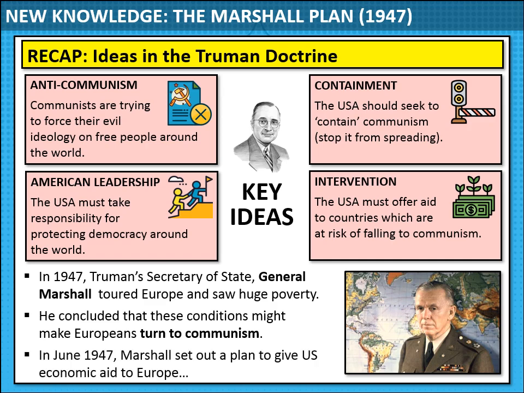So in June 1947, General Marshall set out a plan to give American economic aid to Europe, to help it recover so that Europeans would not turn to communism.